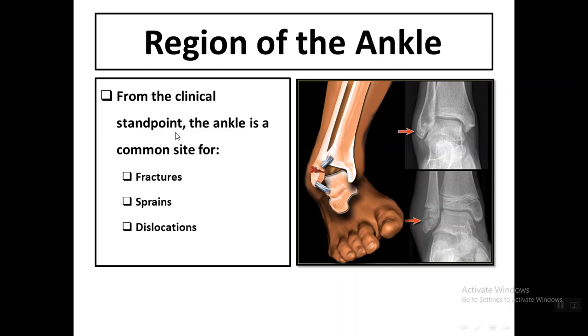Because it is a common site، منطقة معرضة للفراكتشرز مثل ما قاعد نشوف بهاي الصورة، الكسور، ومعرضة للسبرين، ومعرضة للديسلوكيشن. Because it is a common site for fractures، كسور، sprains، الأذى، والديسلوكيشن اللي هو الخلع.